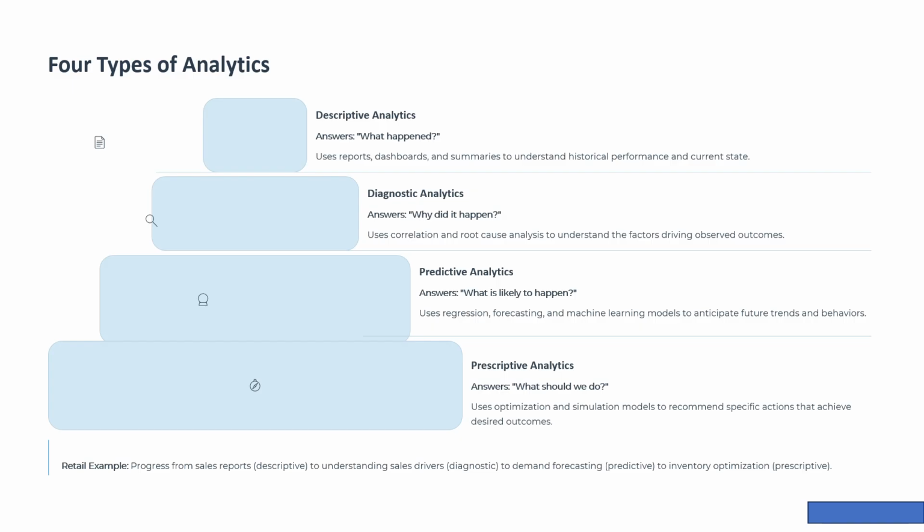Recommend actions using optimization and simulation models, optimal price, marketing mix, or inventory levels. A retail example: start with a sales report, called descriptive; analyze sales drivers, diagnostic; forecast demand, predictive; and then optimize inventory, called prescriptive.